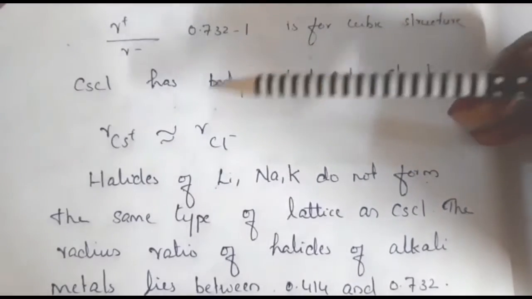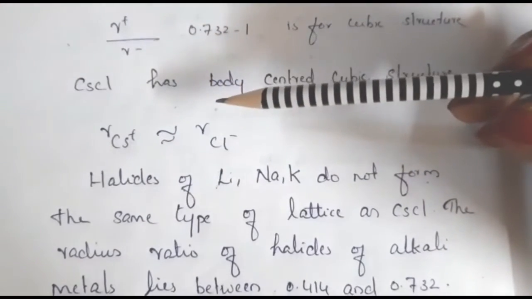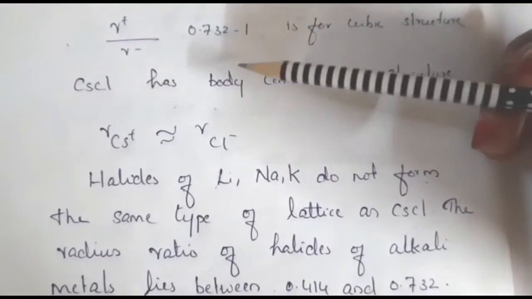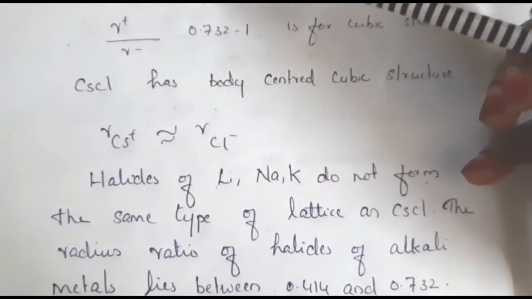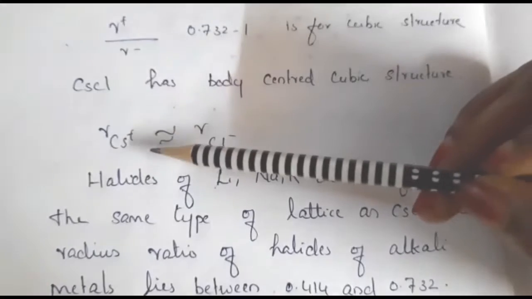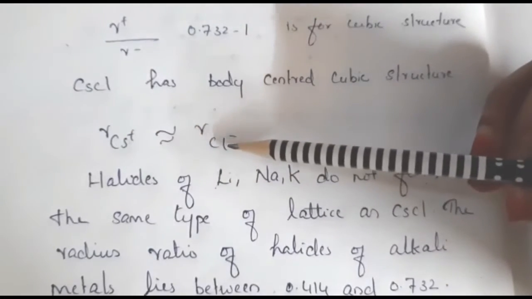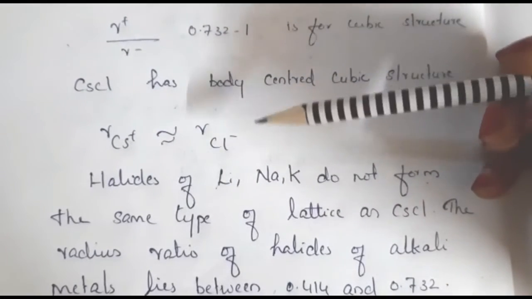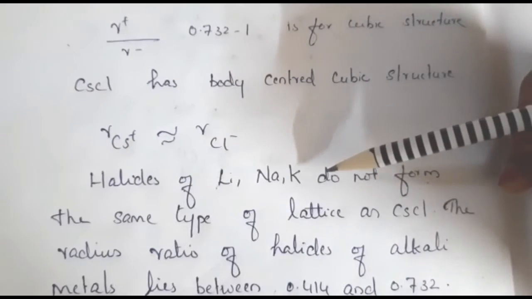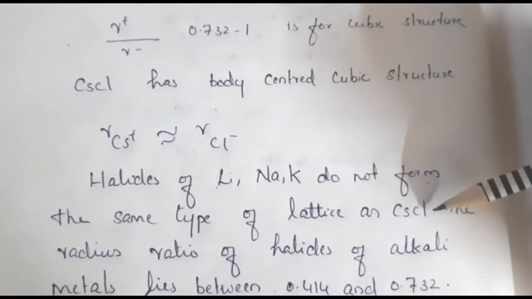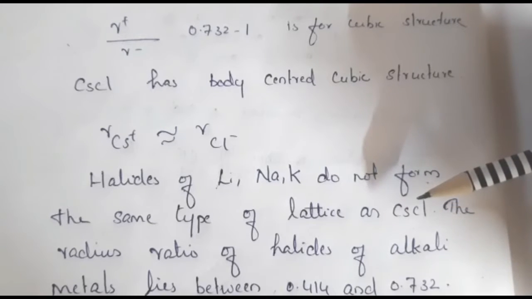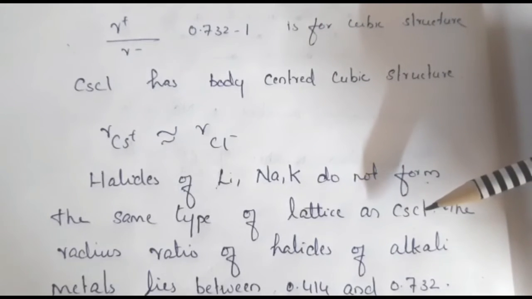And here we know, compared to lithium, sodium and potassium, the atomic size of cesium is higher. So cesium and chlorine are having almost the same size. So the halides of lithium, sodium, potassium do not form the same type of lattice as cesium chloride. Sodium chloride we have discussed in the last class. Sodium chloride structure is different from that of cesium chloride.